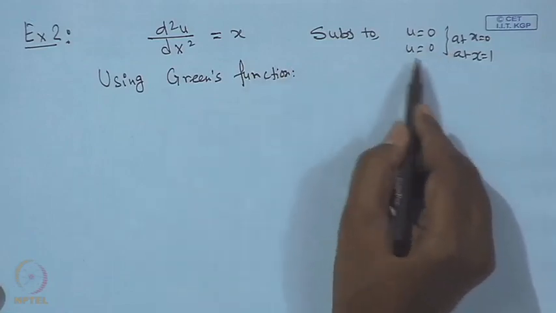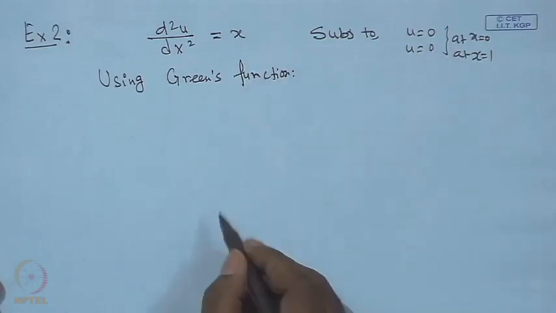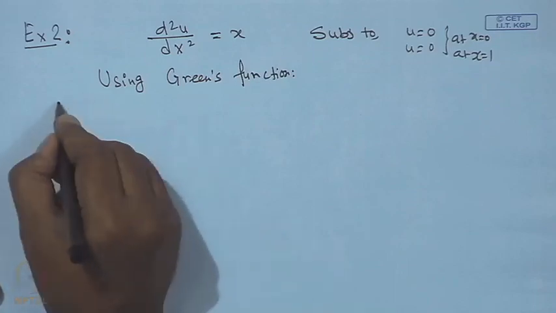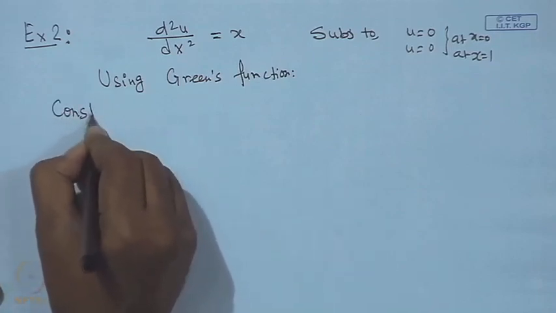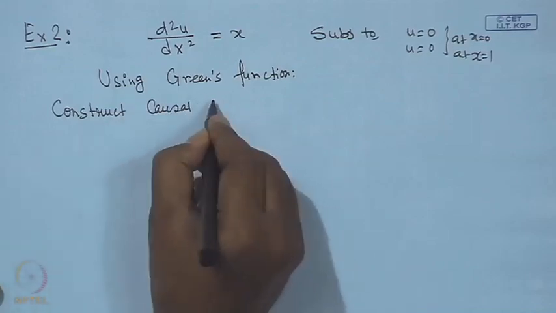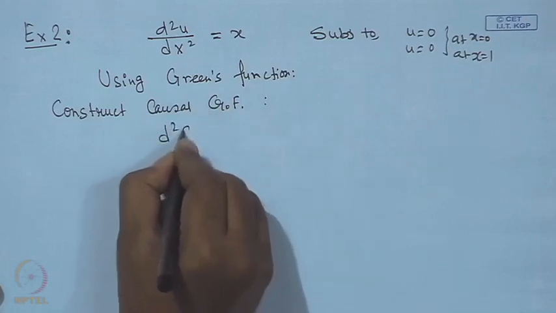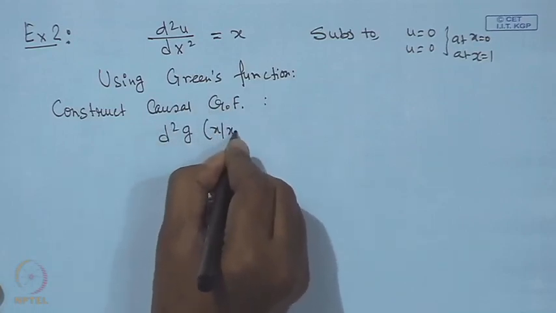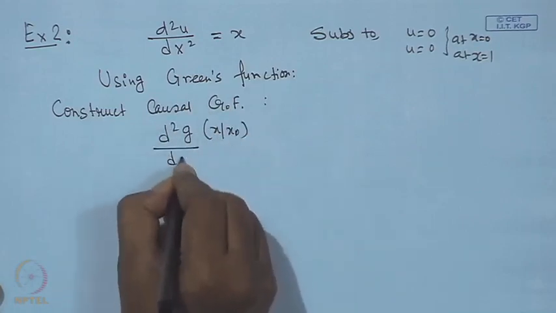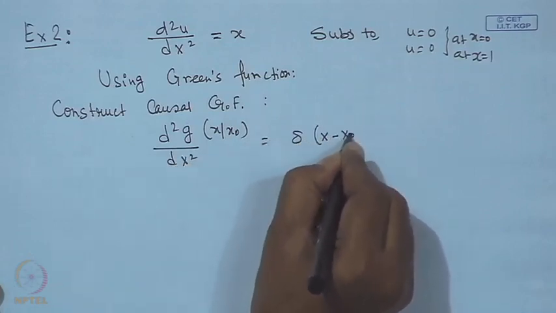We have considered the boundary conditions at Dirichlet and homogeneous. Now, construct the causal Green's function, that will be simply d square g (x less than x naught) by dx square is equal to delta x minus x naught.